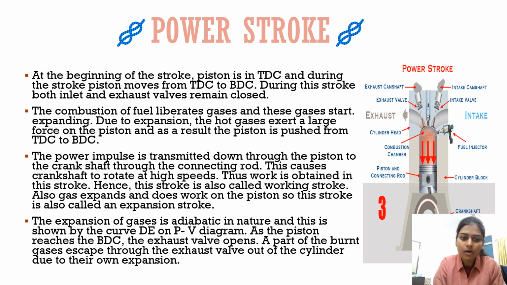The expansion of gases is adiabatic in nature, shown by the curve DE on the PV diagram. As the piston reaches BDC, the exhaust valve opens and a part of the burnt gases escape through the exhaust valve out of the cylinder due to their own expansion.